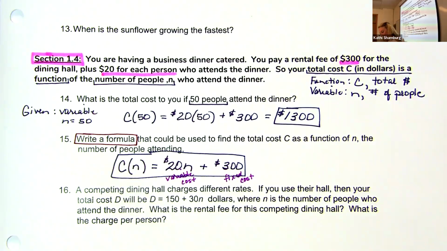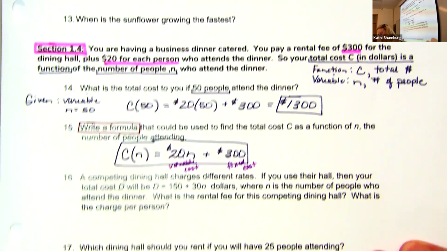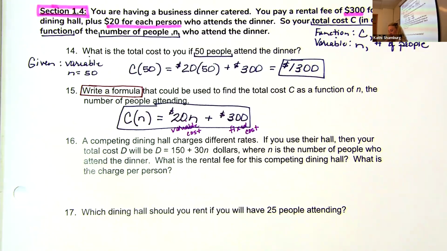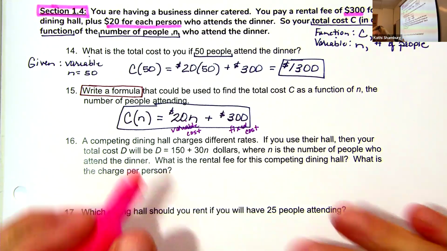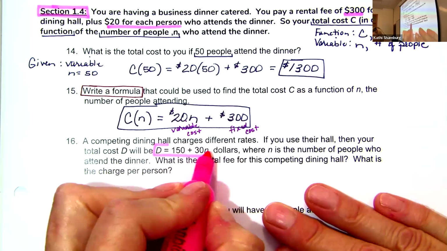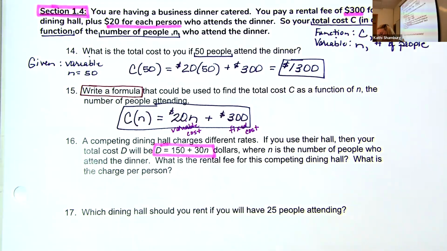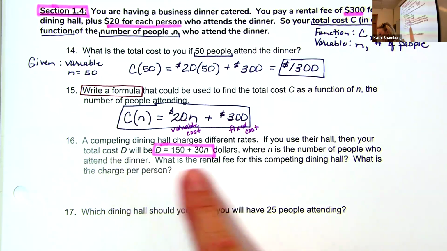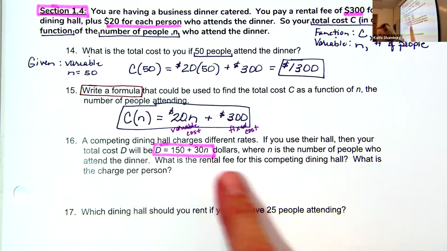Okay, 16. A competing dining hall charges different rates. If you use their hall, your total cost would be, so here is their function. N is still the number of people, but total cost they're calling what? D. So my function in this one is D. N is still my variable.